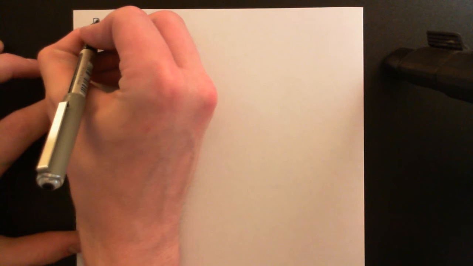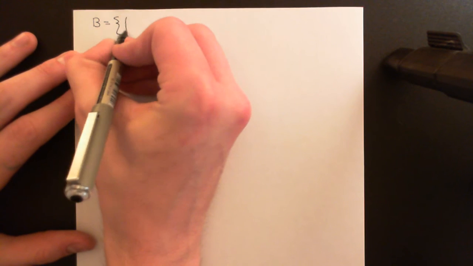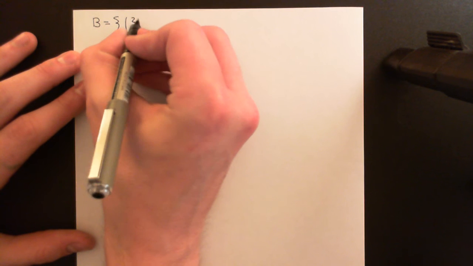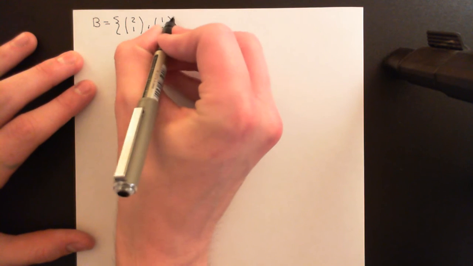So let me show you another basis for R2. I'm going to take a basis that people often use when they're trying to show a counterexample of another basis. So here comes my other basis of R2. It's going to contain two vectors: one of them is going to be (2, 1), and the other is going to be (1, 2).